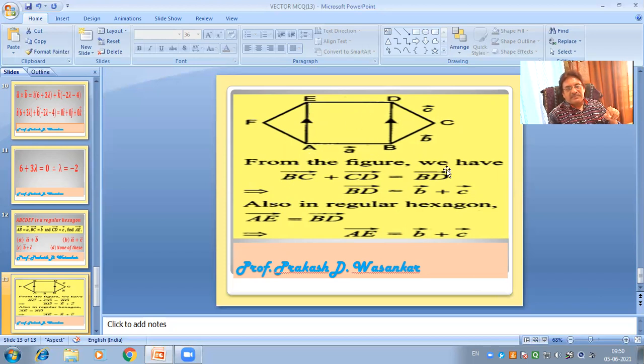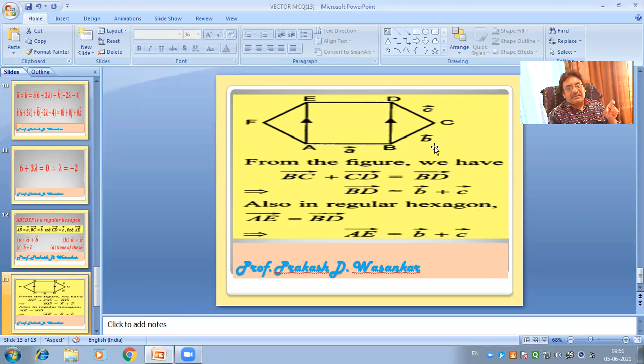From this figure, we use the triangle law for vector addition in triangle BCD. That is vector BC plus vector CD is equal to vector BD, using the triangle law.